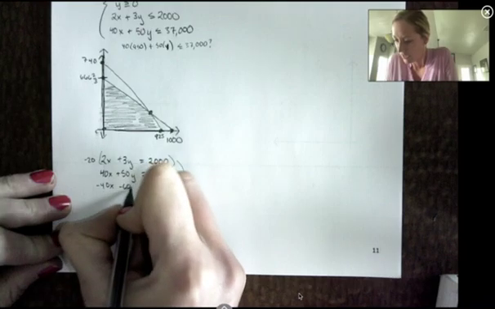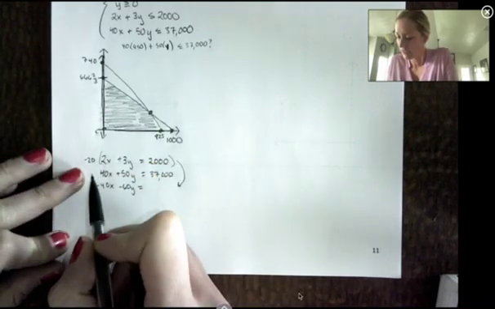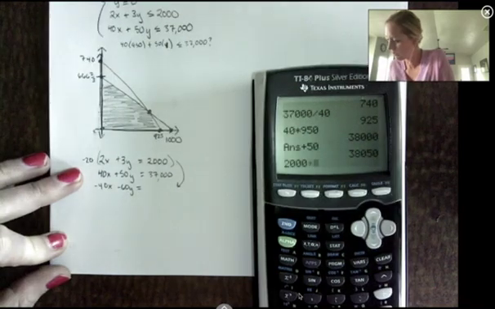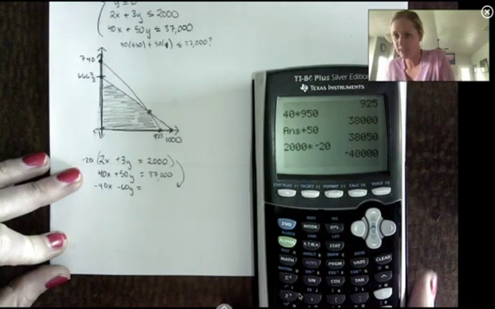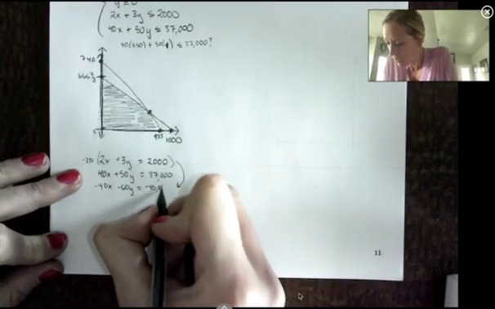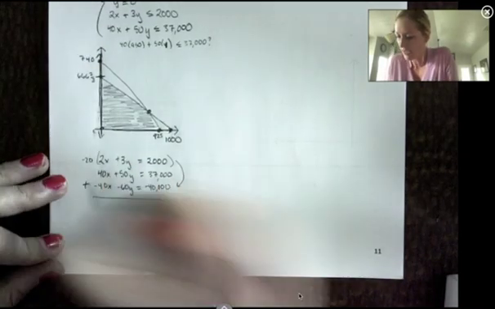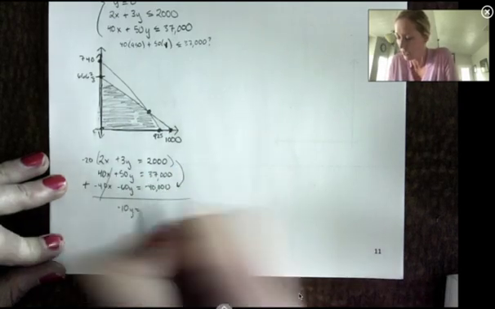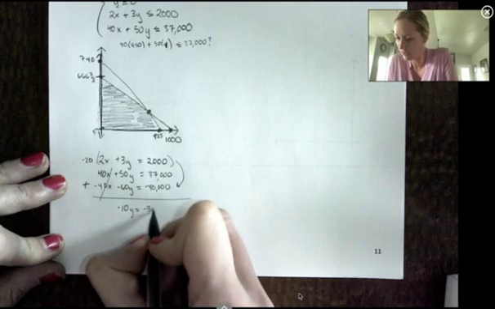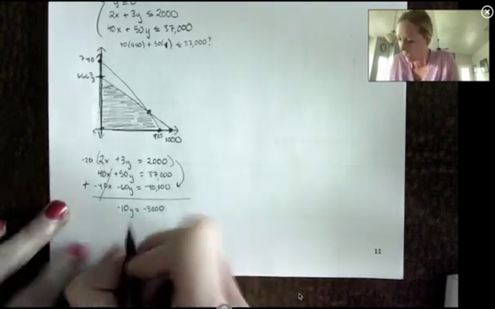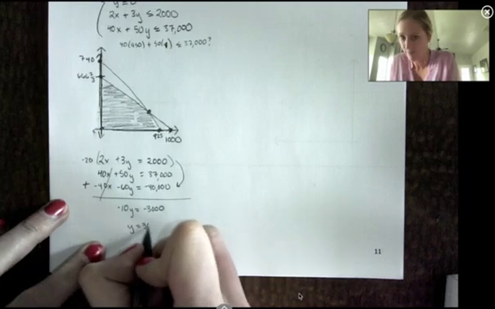Minus 60y, and let's see, I'm going to get 2,000 times negative 20, make sure I get enough zeros on there, is negative 40,000. Okay, so now I add, and I get x's to eliminate, so I get negative 10y equals negative 3,000. Okay, so then I get y is 300.